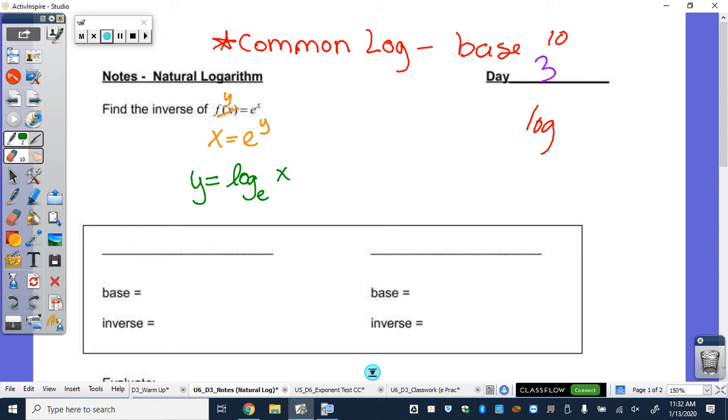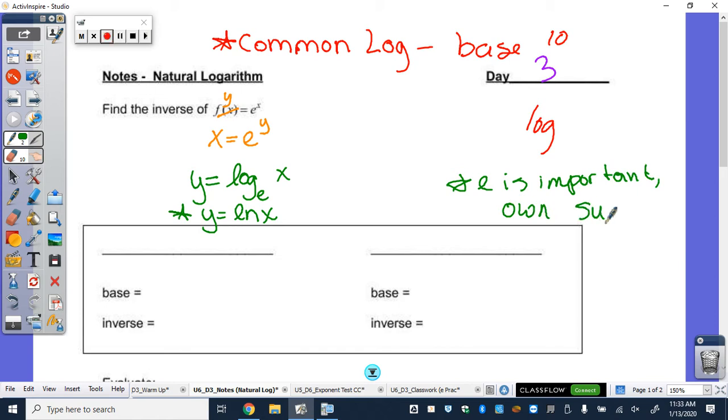But that's not actually how we write it. E, because it's that natural phenomenon that exists, got its own special little symbol because it's so important. So when you have a base of e, instead of the log, even though it is still a log, we use what we call the natural log.